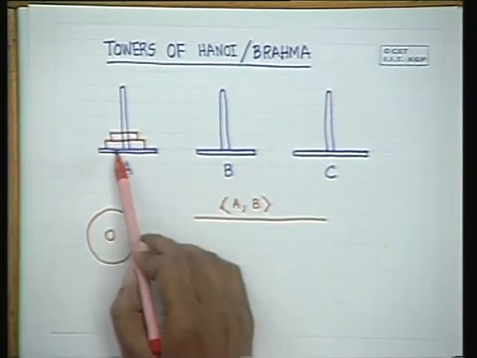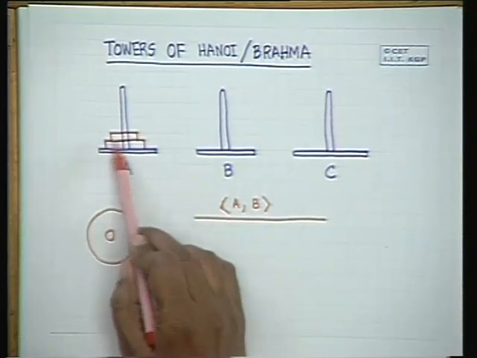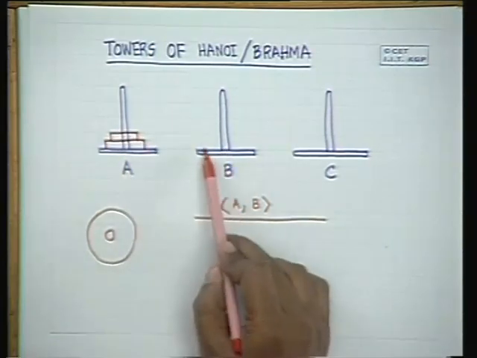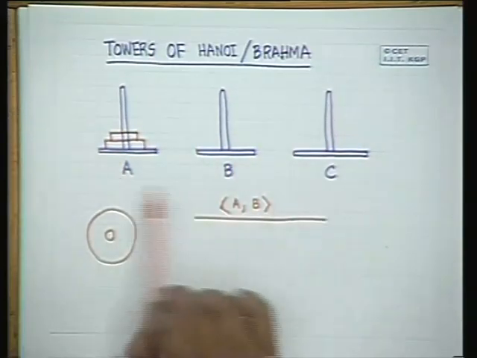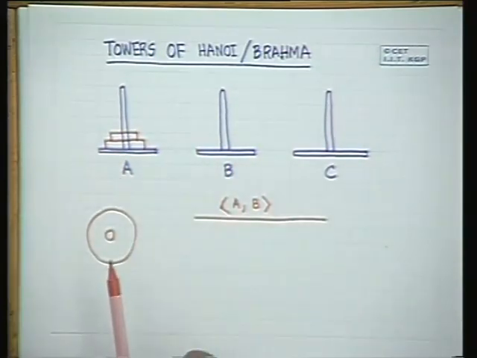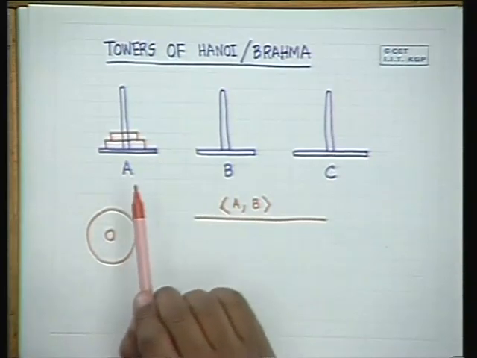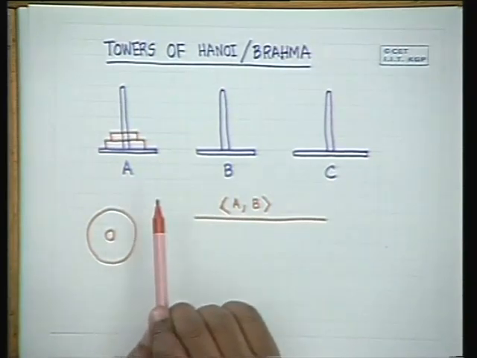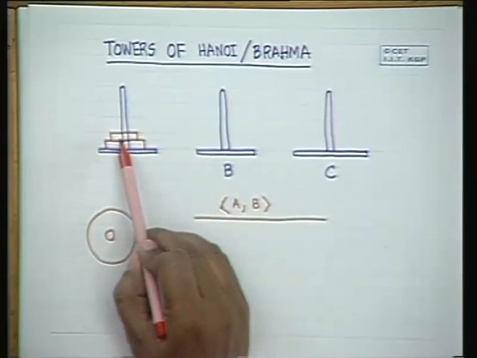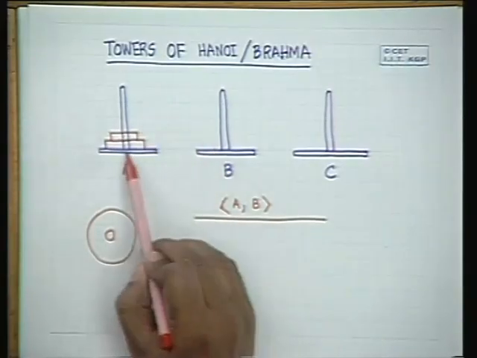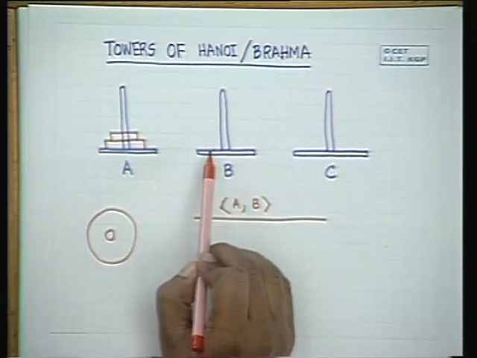Now you are to move both of them to a similar configuration into B, but never in your sequence of moves will you be allowed to place a smaller disc below a larger disc, that is always smaller discs should be above larger discs. Then obviously you cannot place this one here and this one here just above it.